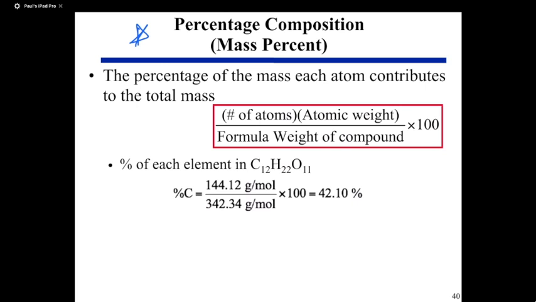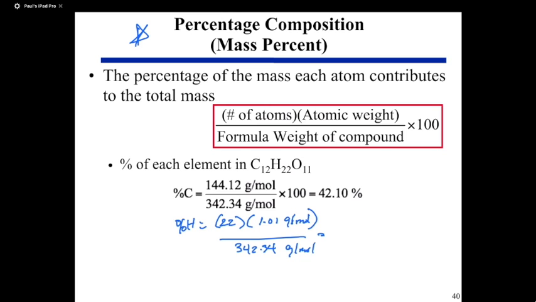If I would do, alternatively, the weight of hydrogen. How many hydrogens are there in that compound? There are 22, right? And hydrogen weighs 1.01 gram per mole. And the total weight is this.